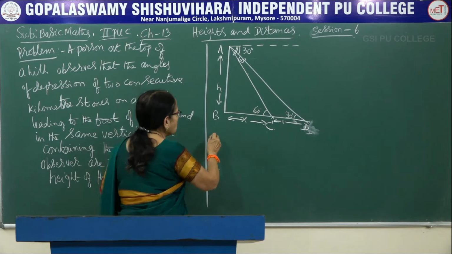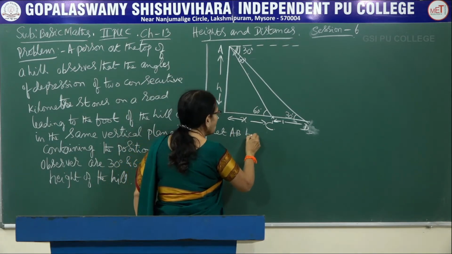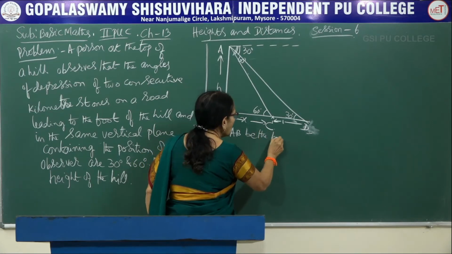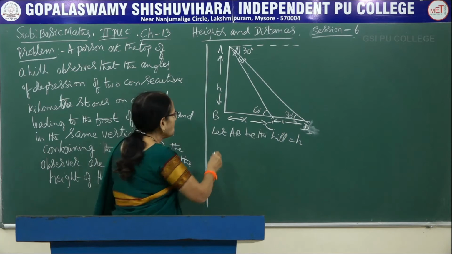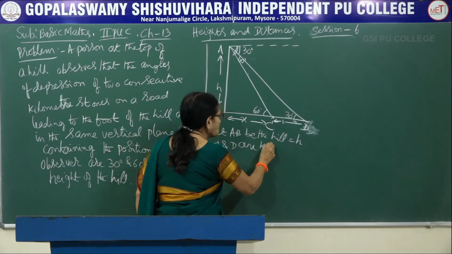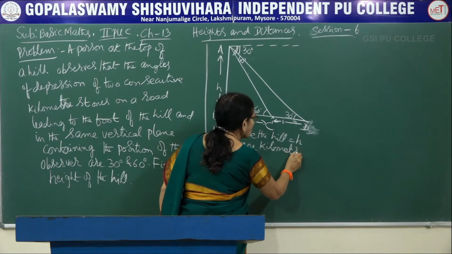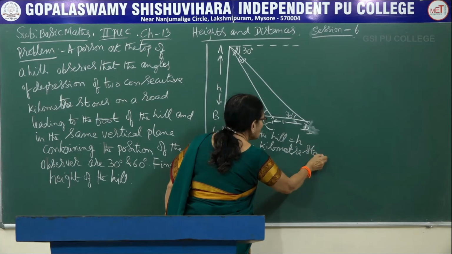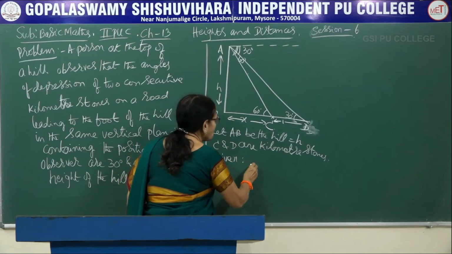Now let me explain that one. Now let AB be the hill. And I have denoted that to be equal to H. C and D are kilometer stones. Now given, what are the data here?